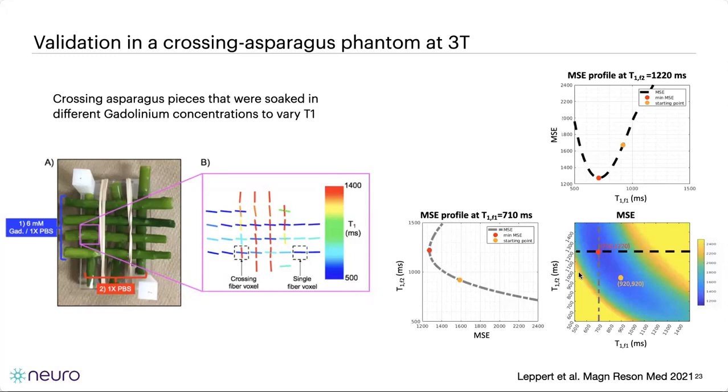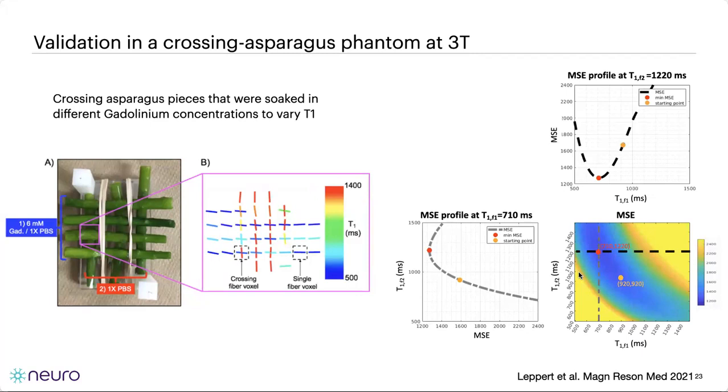We put it in solutions with different concentrations of gadolinium. And gadolinium will basically change the T1 relaxation times of your solution, okay? So now we have asparagus, which are kind of fibrous. So you'll get the diffusion, right? That are crossing at 90 degrees, and they all have different T1 times. And we're just zooming in here on the crossing of 2 asparagus, okay?